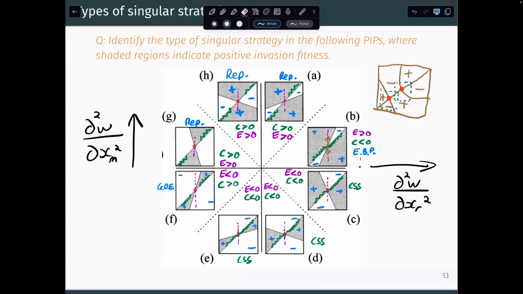As soon as you have two traits evolving together, say one in a host and one in a pathogen, then just like going from a single ODE into a system of two ODEs, the range of dynamics increases, so the possible outcomes increase. So there might be pathways, and we have to talk about whether you converge in all possible pathways to a singular strategy, or a co-singular strategy in that case, or whether there are pathways that take you away.